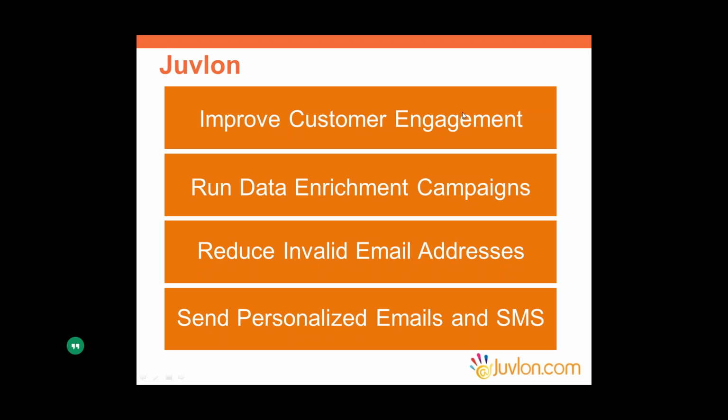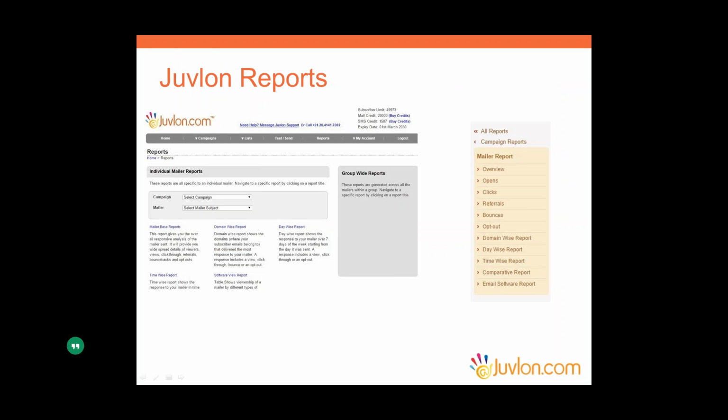Just to cover today's topic, the reports that can be generated out of Juvlon. You'll say that, Smita, you've been talking about lots of reports, but does Juvlon create those kind of reports? So here's a quick screenshot of the reports that are generated from Juvlon. On the left hand side, you'll find Juvlon does help you create time-wise, in fact, domain-wise and software-wise also you can check the reports.